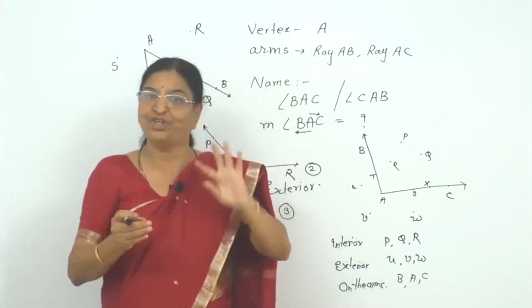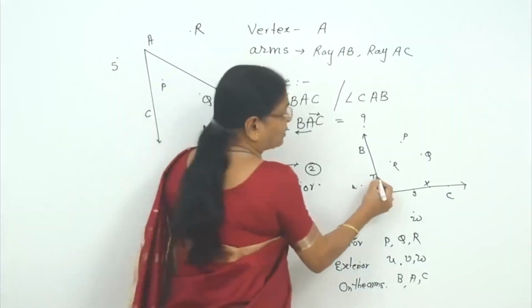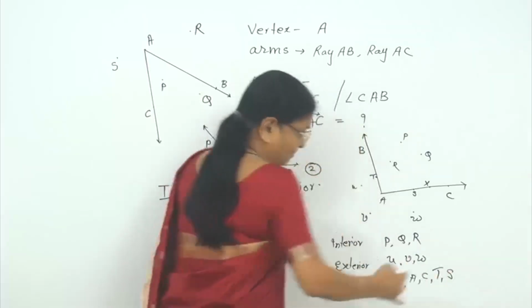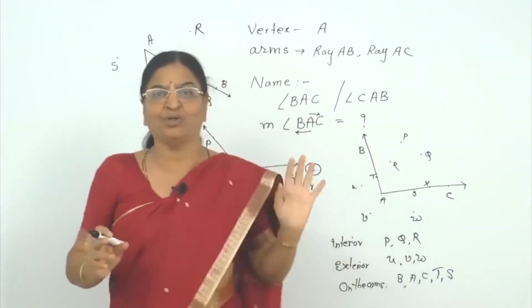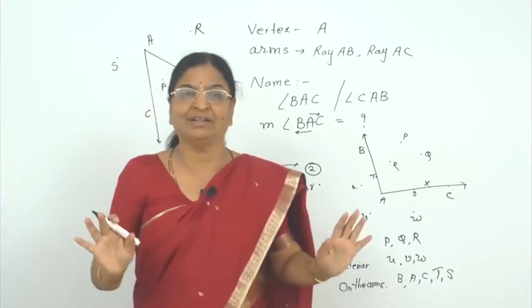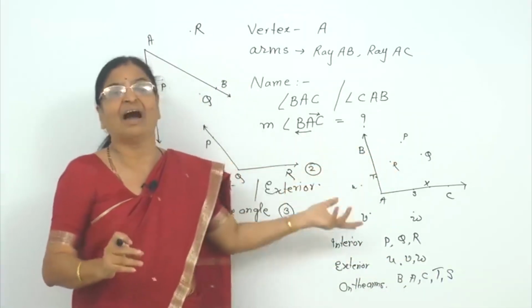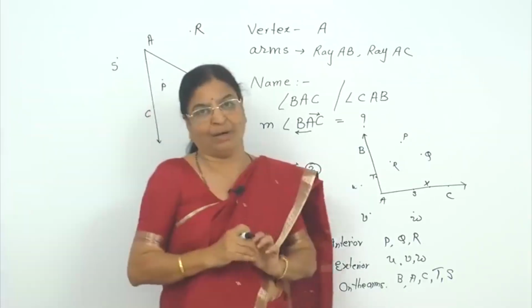All 3 points should be on the angle. Two more points are there, that is T and S. So you can classify the points only by observation. Nothing other should be done. See only where it is and how I can say it is in the interior or the exterior part.